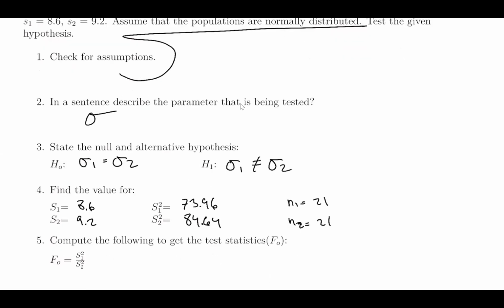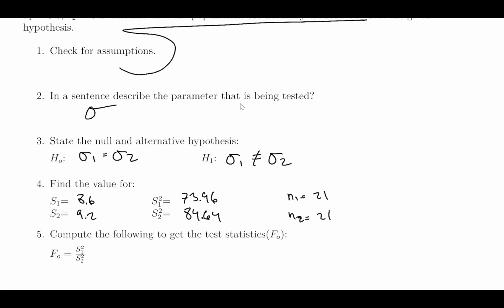So if you look at part 5, we want to compute the F value. To compute the F value, we get 73.96 divided by 84.64. What the F value is calculating is whether there's a significant difference between the standard deviation of these two different populations.